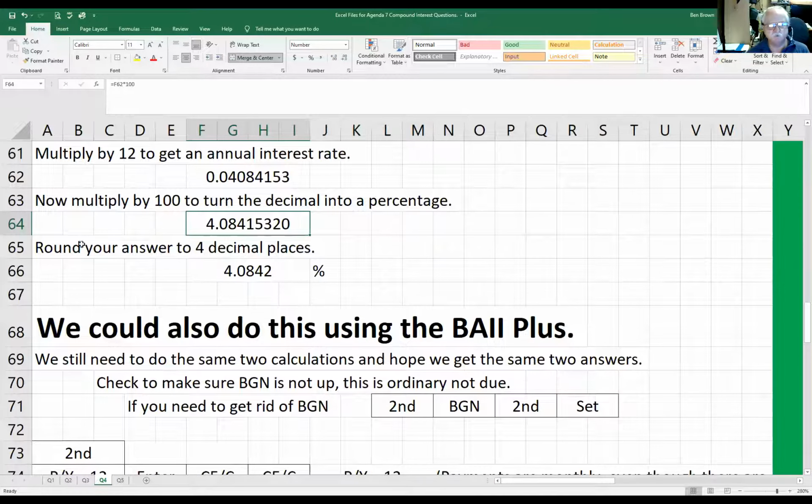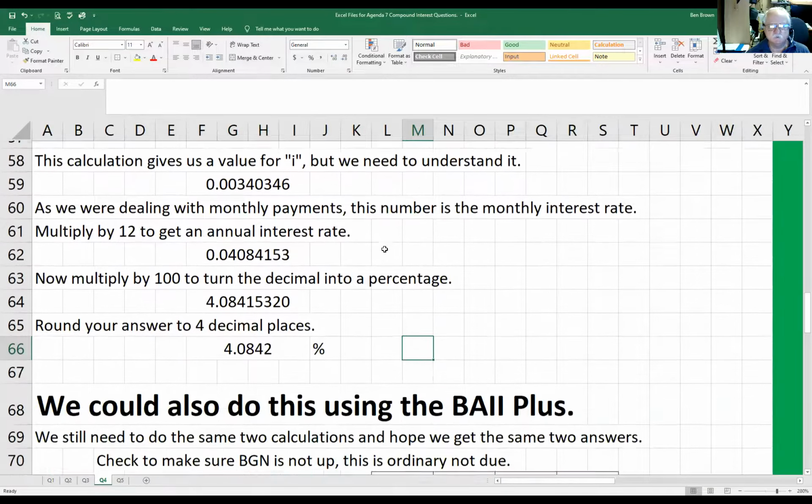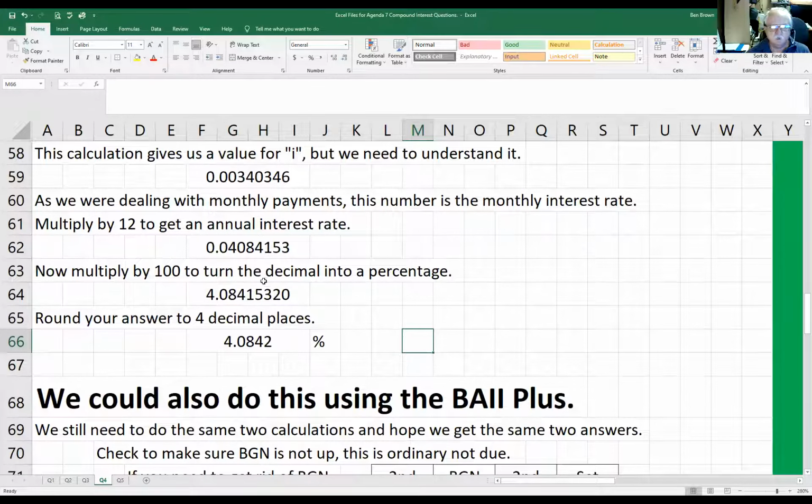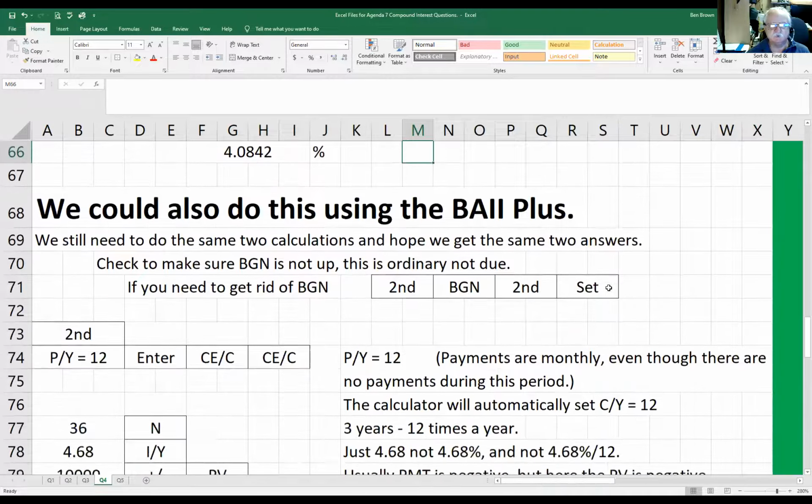I decided to round it to 4 decimals. It turned out to be 4.0842%. So when we're dealing with Excel, we had to interpret what that number meant once Excel spits it out. It's actually easier on the BA2 Plus.